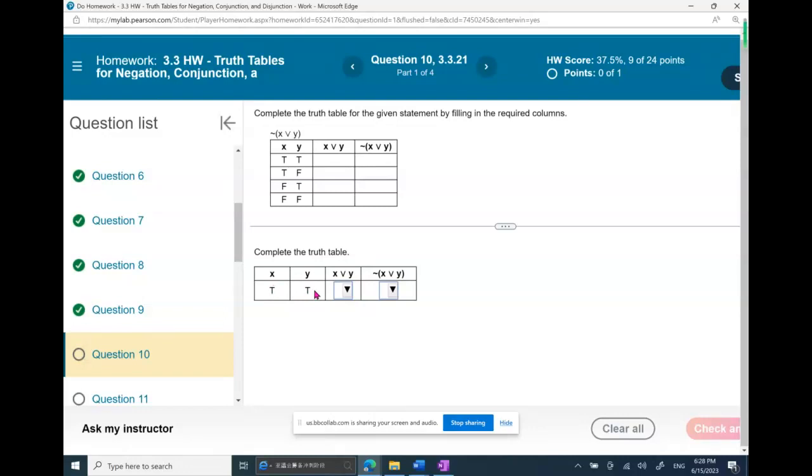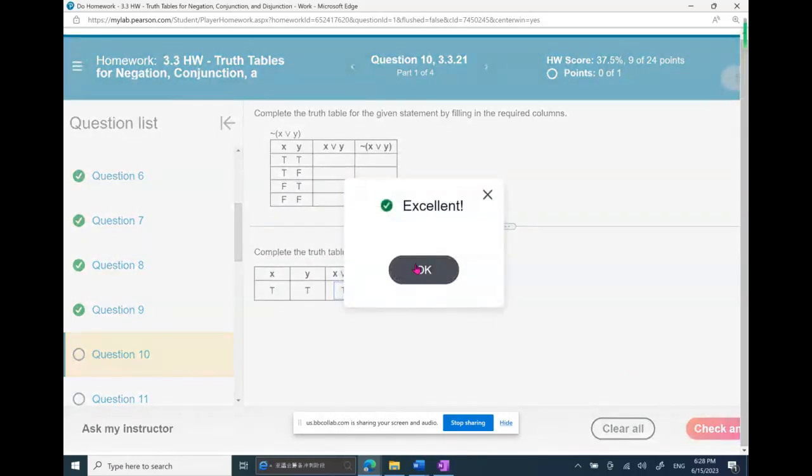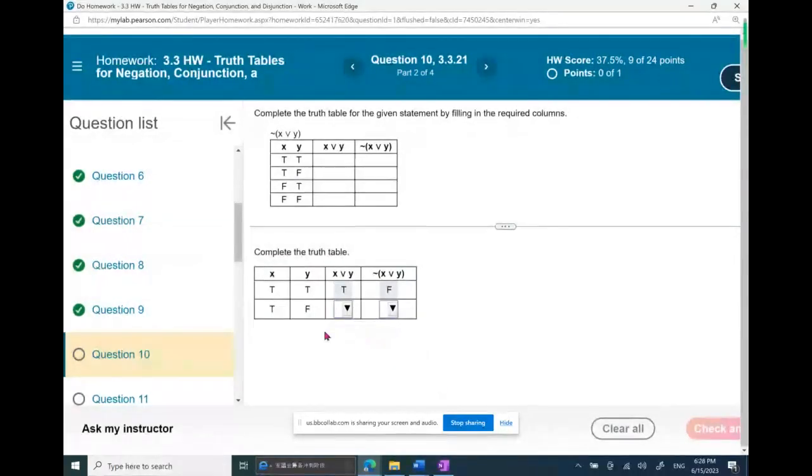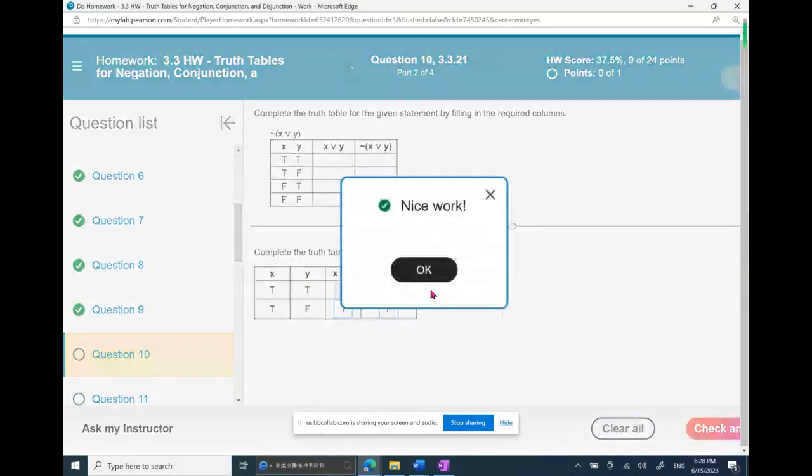Both of the two components are true, so the disjunction, of course, is true. And its negation is false, right? Negation always has the opposite value. In the next case, the disjunction has the first component true, the second component false. So the disjunction is true, and the negation is false.